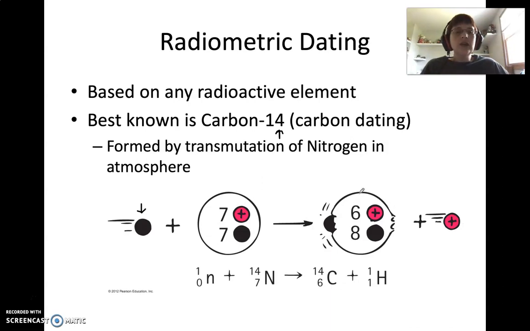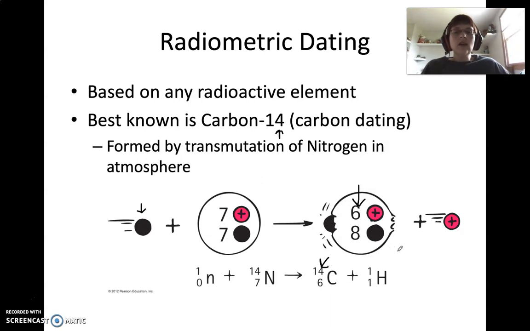And so that transmutates that nitrogen into a carbon, because nitrogen 7, carbon 6, and so we get a carbon. Now remember, carbon is normally 12, but because it's got that extra neutron that got added on, plus it's got the extra neutron from the nitrogen, now we get carbon-14.